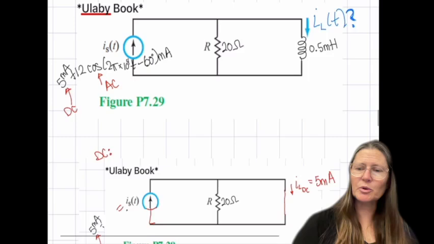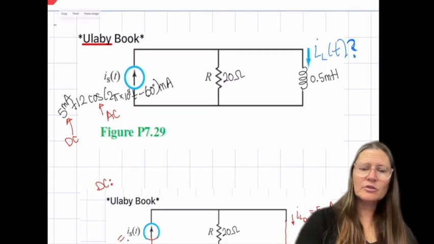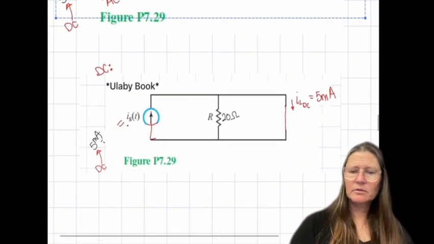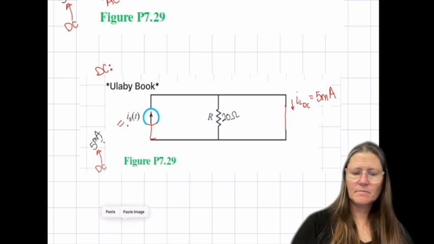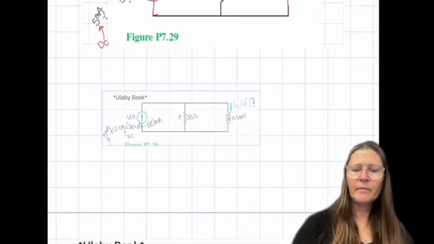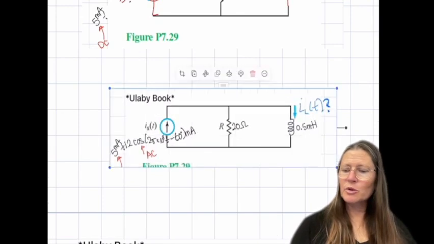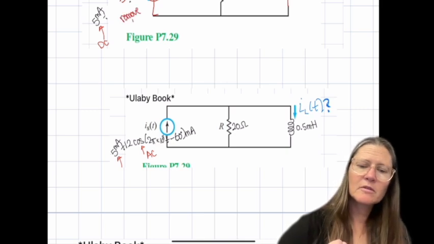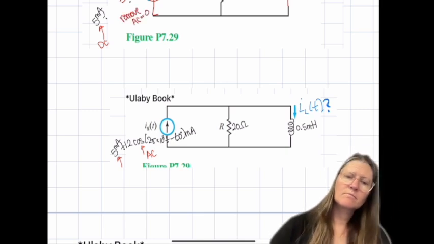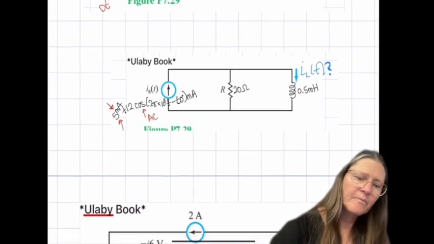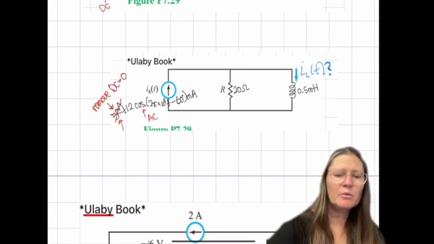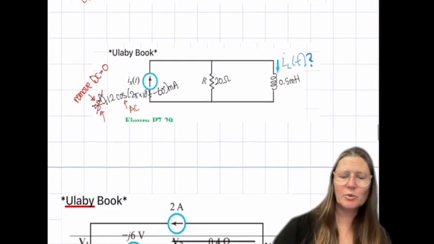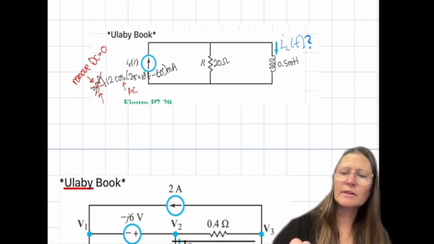And then for the AC portion, we'll want to transform this. So we'll remove the DC portion, here, remove AC. So here we remove the DC portion and we look at just the AC portion. How do we transform this signal into the frequency domain?